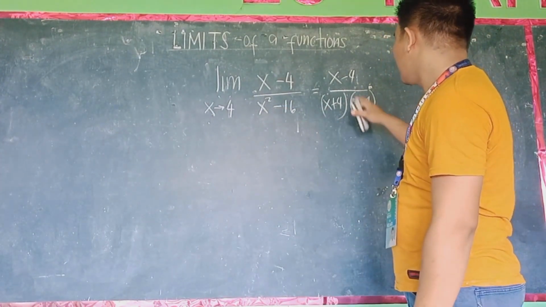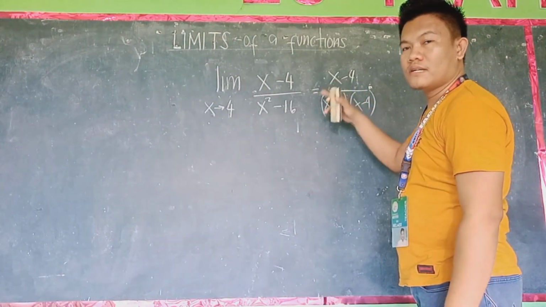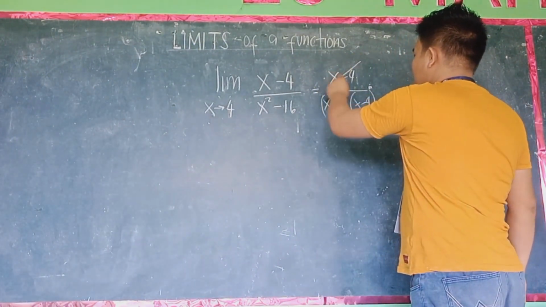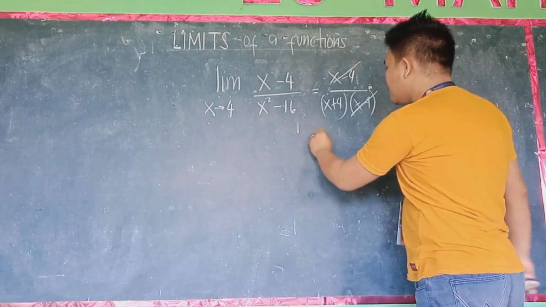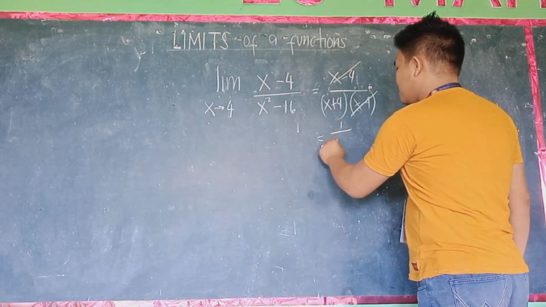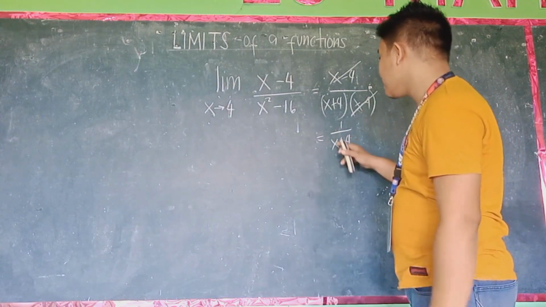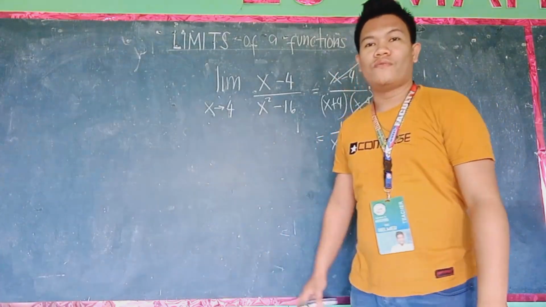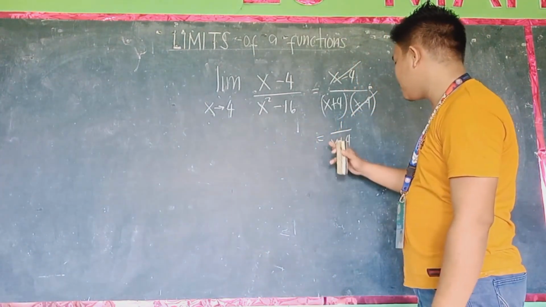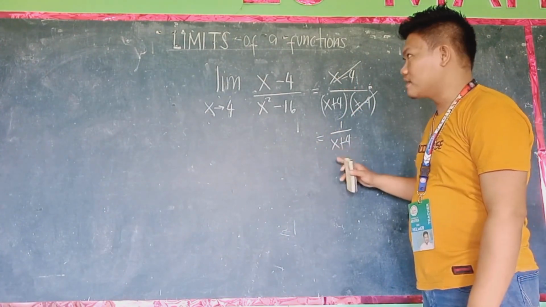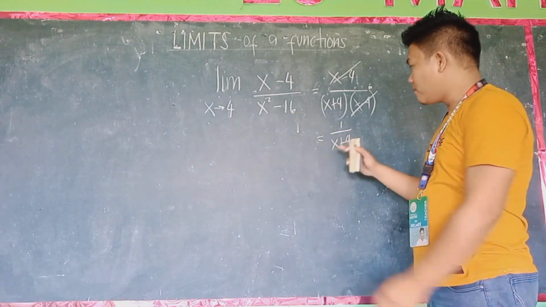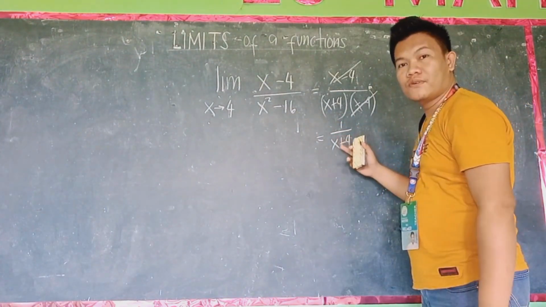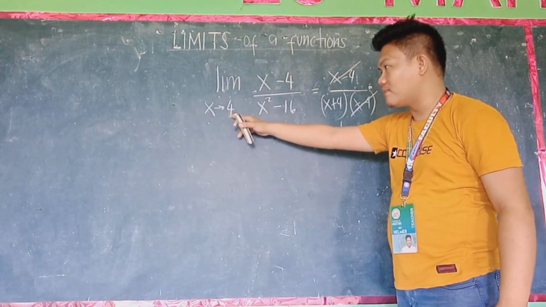So, therefore, magka-undergo ta og cancellation. So, therefore, x minus 4 is cancelled since ang denominator na po x minus 4. So, therefore, ang nabilin is 1 over x plus 4. So, therefore, this is now your new function. Instead of x minus 4 over x squared minus 16, ang imong function is 1 over x plus 4 na. So dili ka na mag-direct substitute sa 4, right?